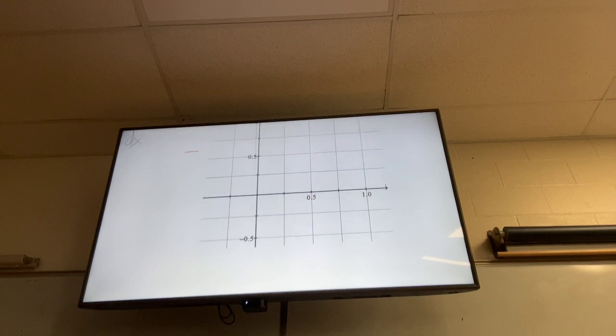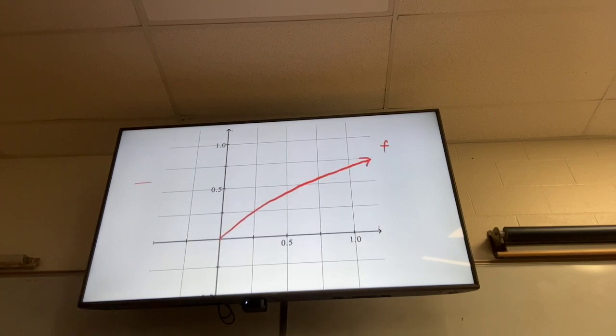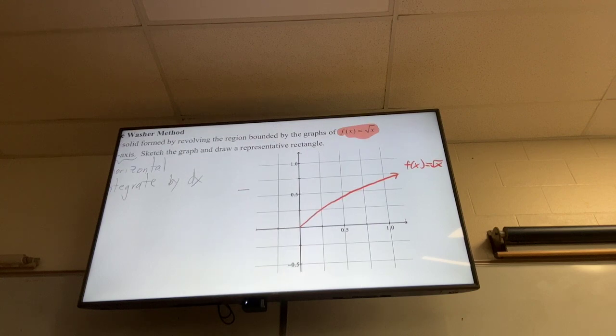8.11. So there's root x. Here's f of x equals x squared.